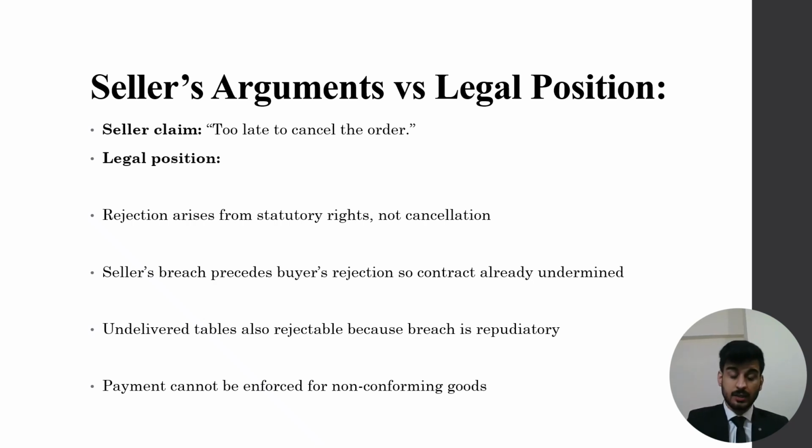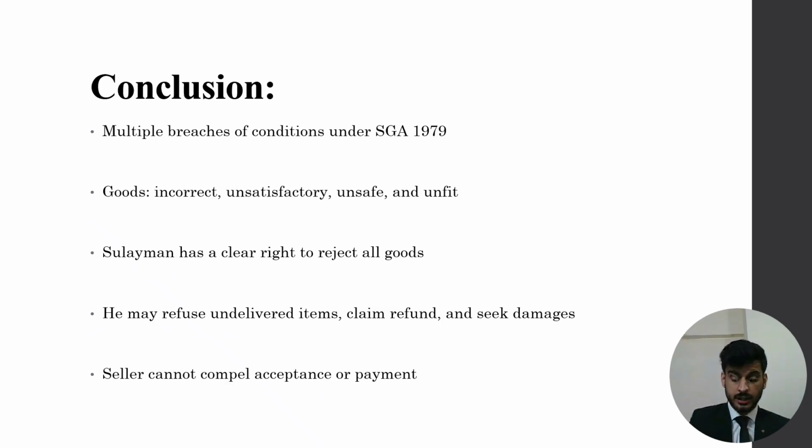The seller's assertion that the order cannot be cancelled is legally incorrect, since the right to reject is derived from the seller's failure to perform, not from the cancellation clause in the contract. Suleiman has a clear right to reject, get his money back, and seek damages under the Sale of Goods Act 1979 of English Sales Law.